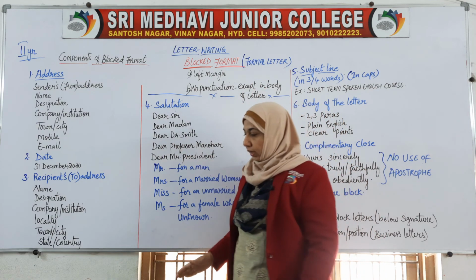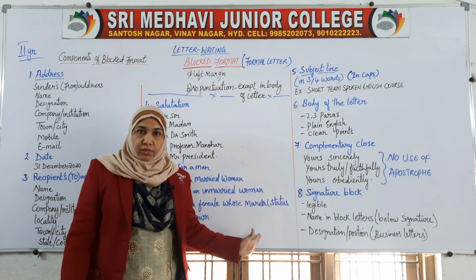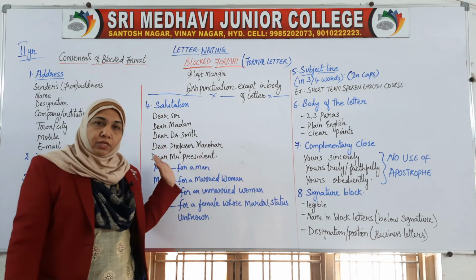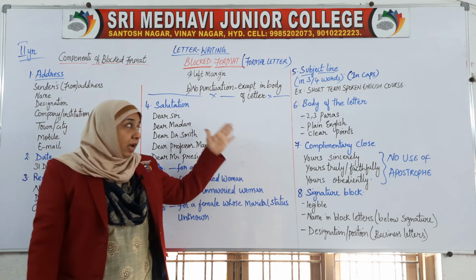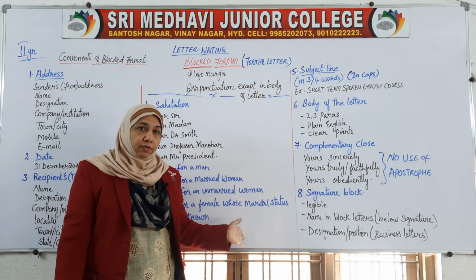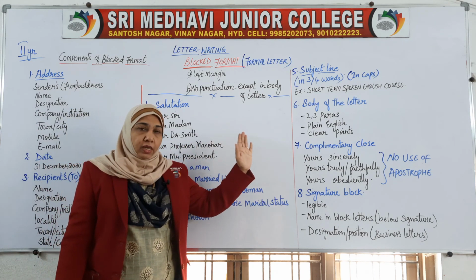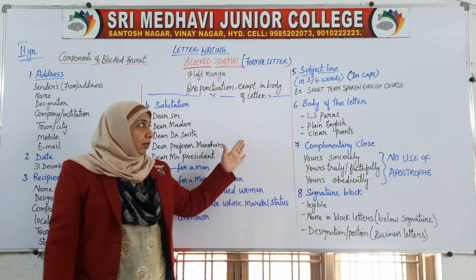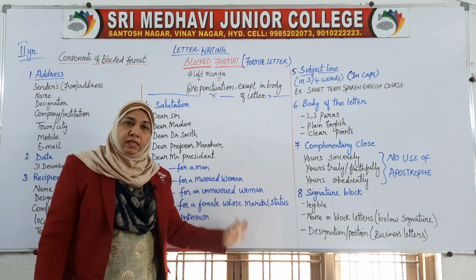We have discussed all 8 points: from address, then date, to address, salutation. The varieties of salutation I have given to you, you can check them out. Then we went to the subject line if there is a need, then the body of the letter, complimentary clause, and last is the signature block.